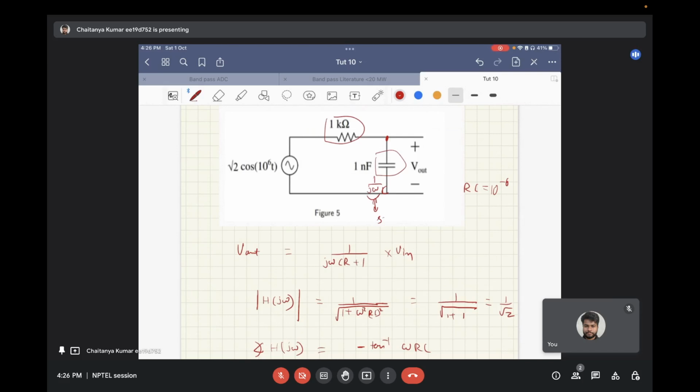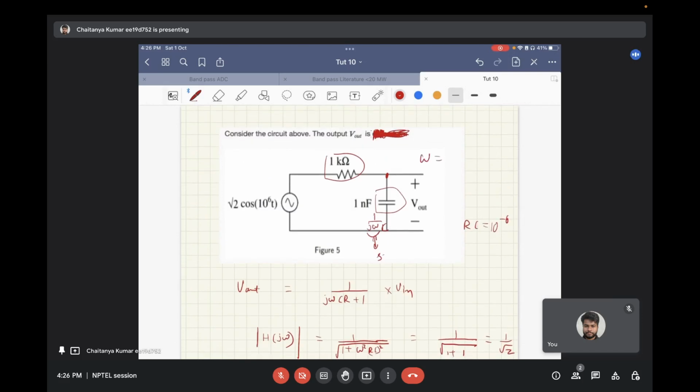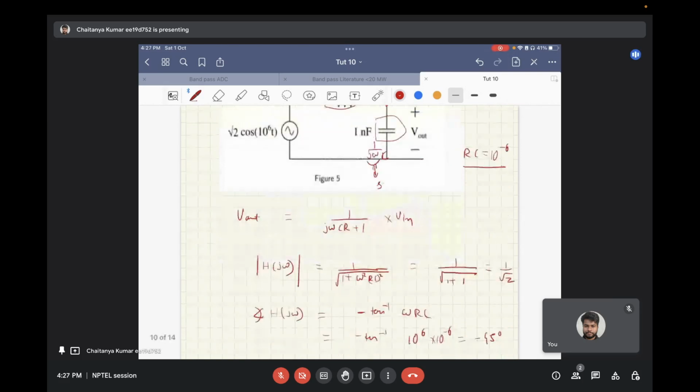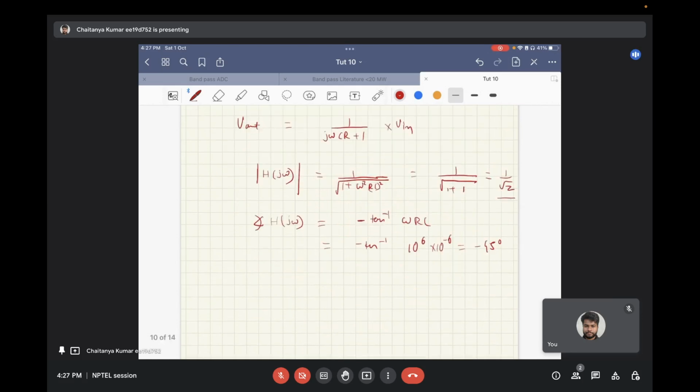Here omega is 10 to the power 6 and RC is 10 to the power minus 6, so omega times RC comes as 1. Your magnitude response comes out to be 1 by root 2, and the phase response similarly comes out as minus tan inverse omega RC, that is minus 45 degrees.